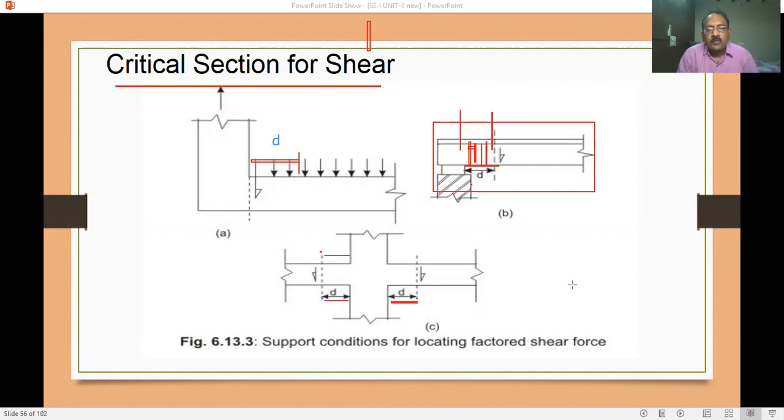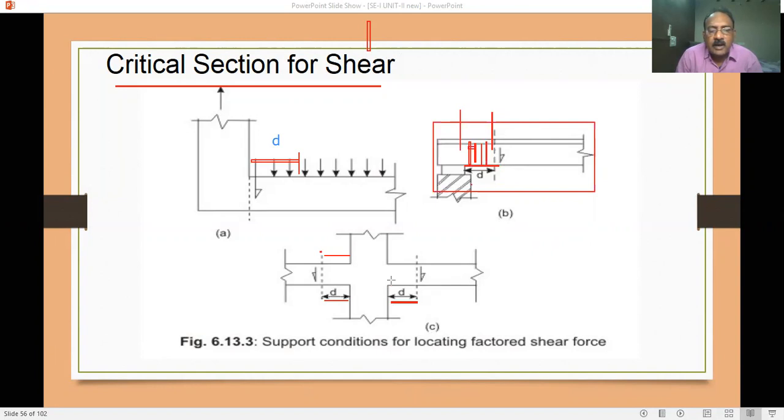Very important point, and an objective-type question you will get in GATE examinations, and all competitive examinations, internal examinations, and otherwise in interviews they will ask what is the critical section for shear in beams.